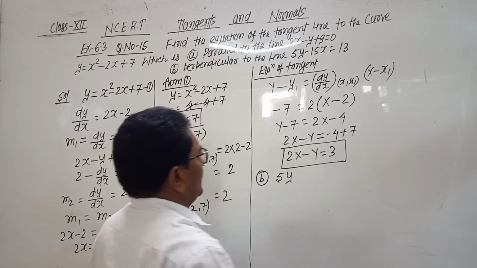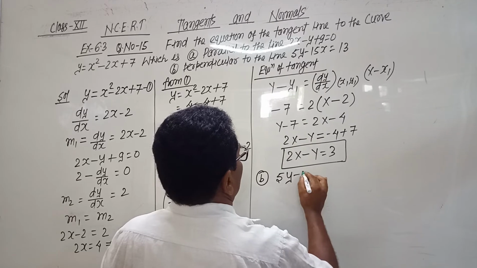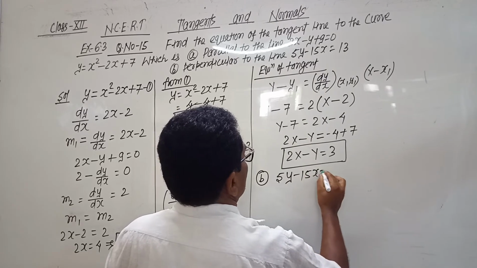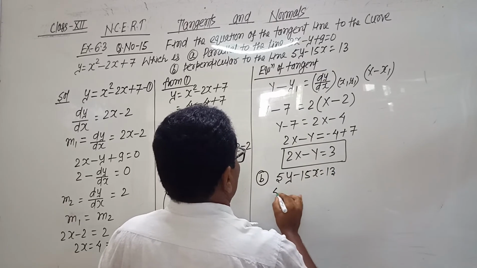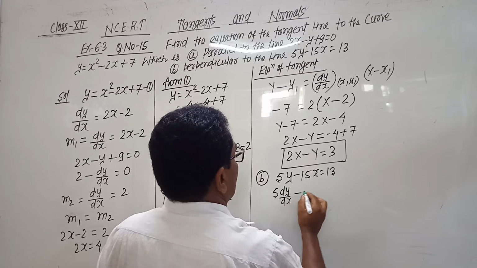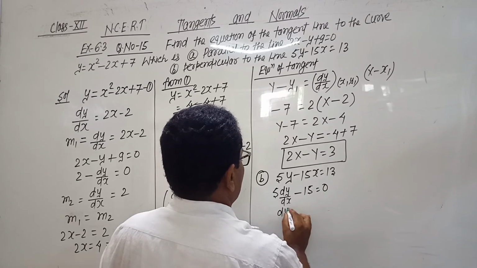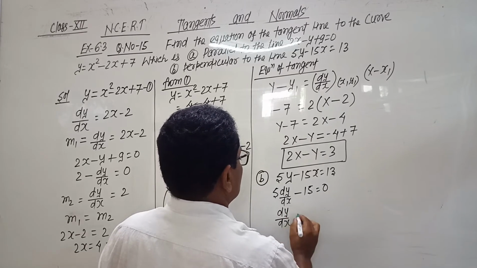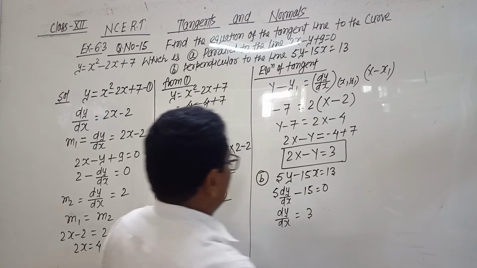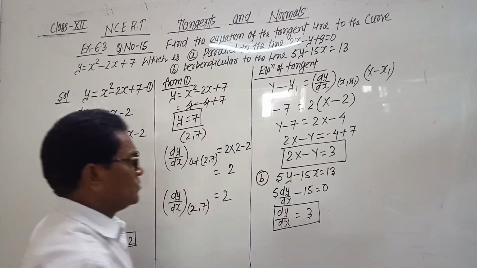5y minus 15x equals 13. So 5 dy by dx minus 15 equals 0, and the value of dy by dx comes to be 15 upon 5, which comes to be 3.